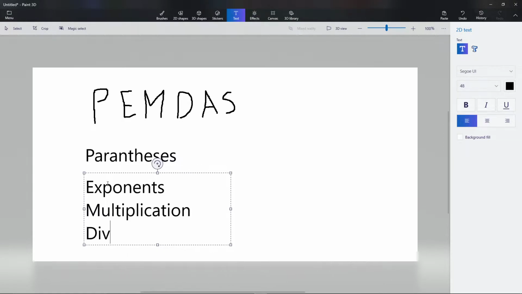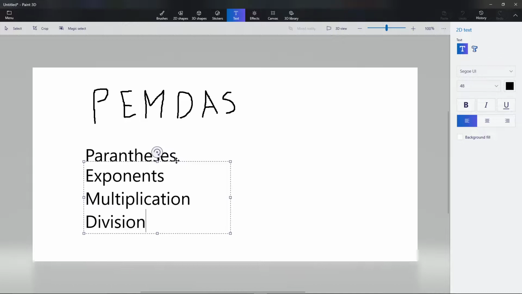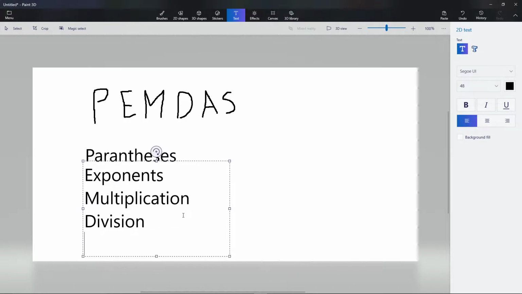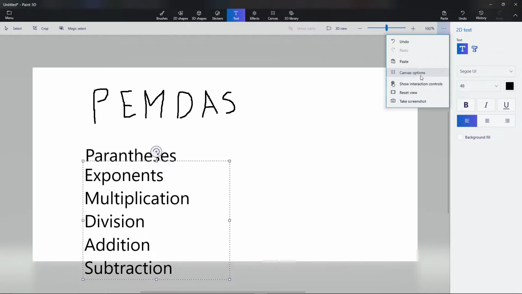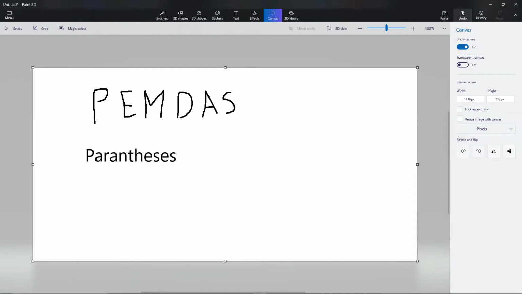The D stands for division. I'm running out of space here. I need to shift myself a little bit higher up here. And then there is addition and subtraction. Oh, no. Whatever. You got the point.